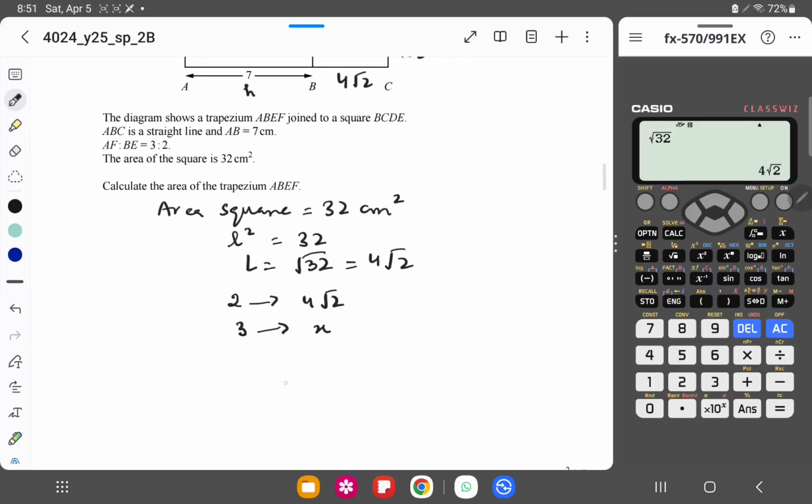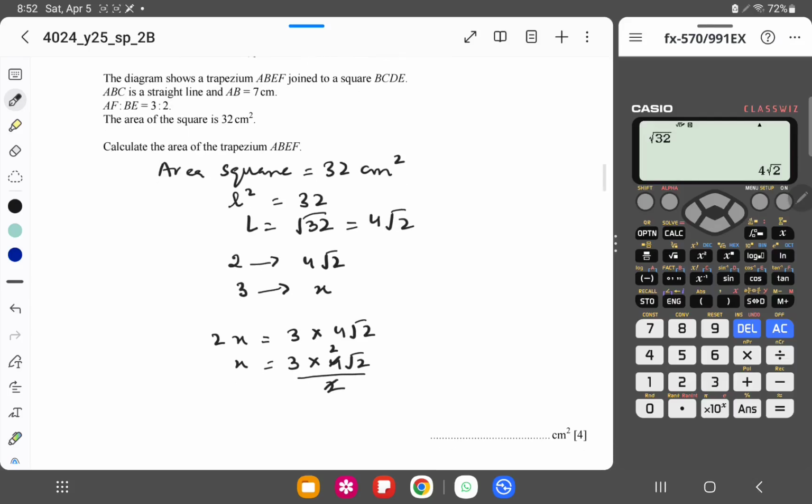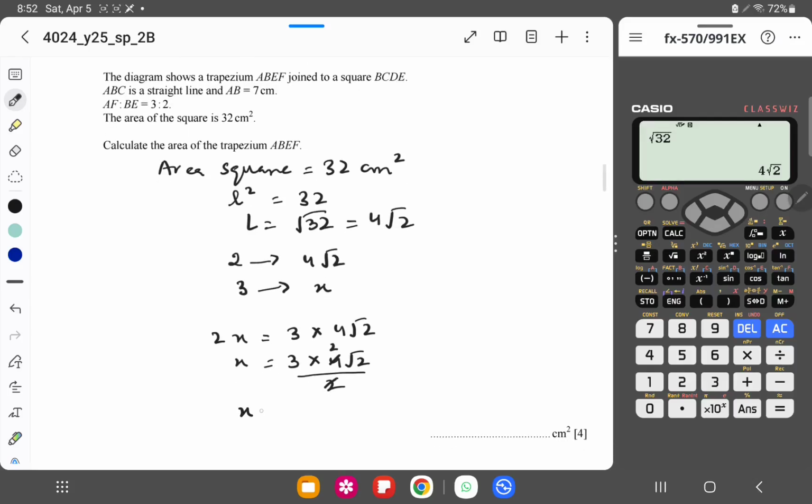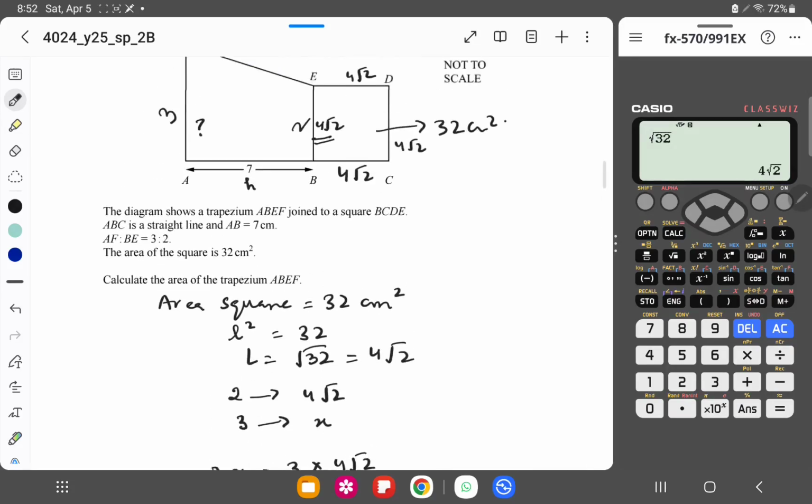Cross multiplying, 2x equals 3 times 4 square root 2, so x equals 3 times 4 square root 2 upon 2. Cancelling, x equals 6 square root 2. So the other parallel line is 6 square root 2.